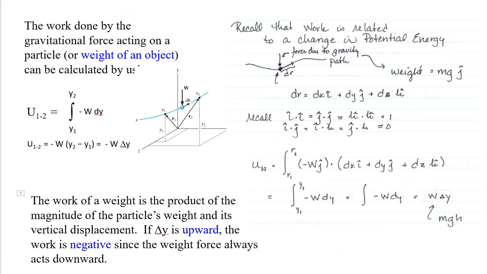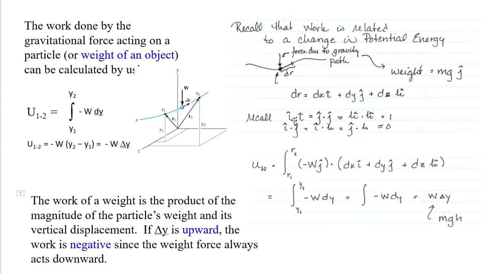So now we can look at the work done by gravity. It gives us a good example that we have gravity coming down. We remember that our work is related to weight, and we can have our negative work times the change in the height. And if I look at this as along a particle, here is my change in my path as related to the i, j, and k directions.